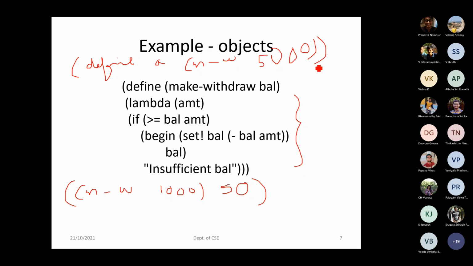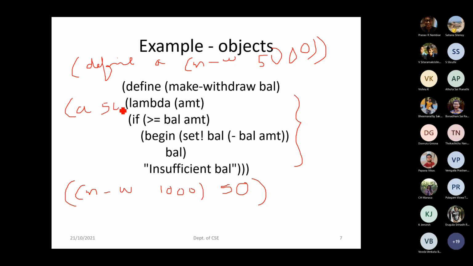So what happens here? A is a name. What is A going to have? A will have its own balance, which is set to 5,000. Will it do any kind of operation? It doesn't, because it is just holding the lambda procedure. To execute this, you have to pass the value for amount. If it was withdraw, then you can say A of 50.